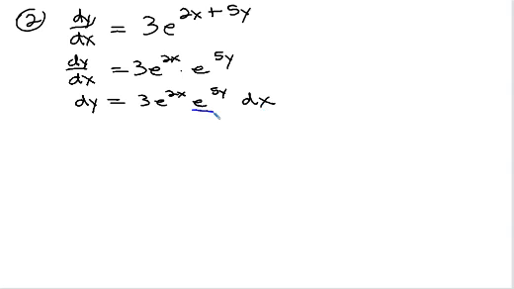So now I have 1 over e^(5y), but I'm going to go ahead and write it as e^(-5y) dy equals 3e^(2x) dx.